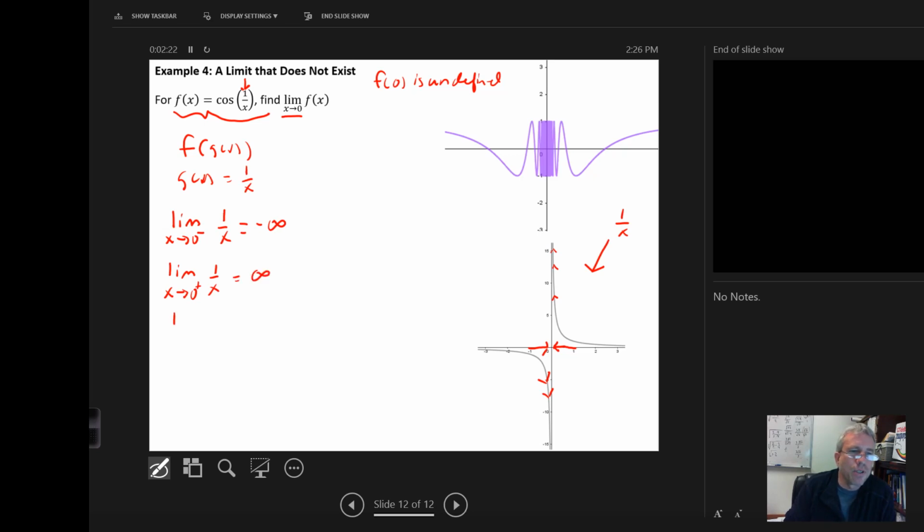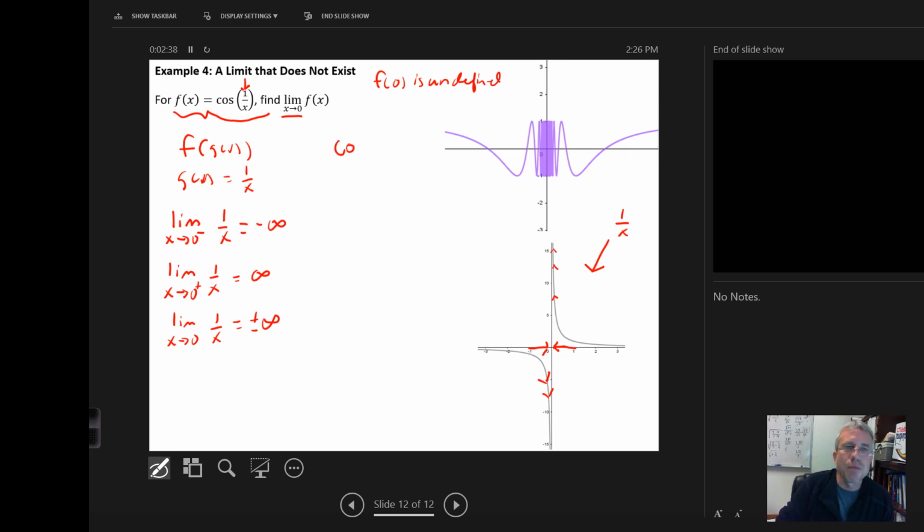So in general, the limit as x goes to 0 of 1 over x is going to be either plus or minus infinity. The outputs of the function 1 over x are becoming infinitely large positive, infinitely large negative.